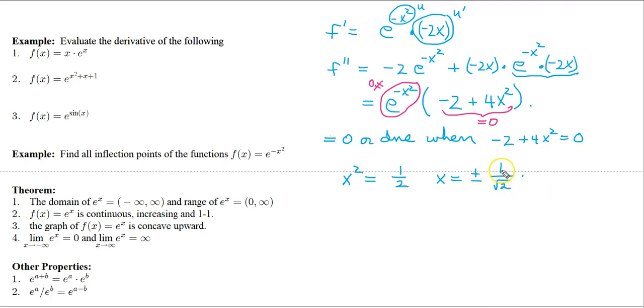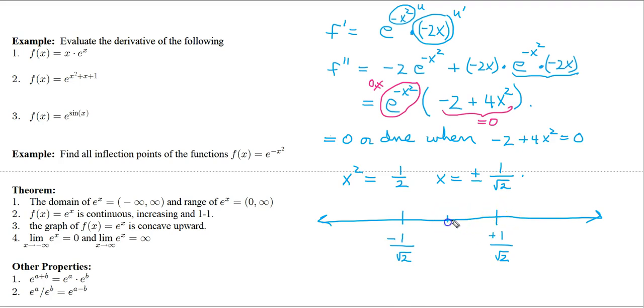Now we need to put these 2 points on the number line and use a sign pattern technique with f double prime. So if we put these on the number line, let's make that one the positive one. And over here, now we just have to pick some test points here.